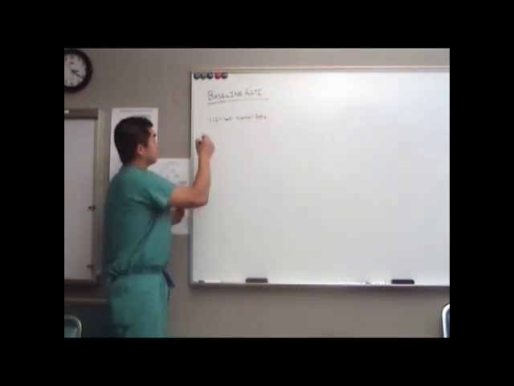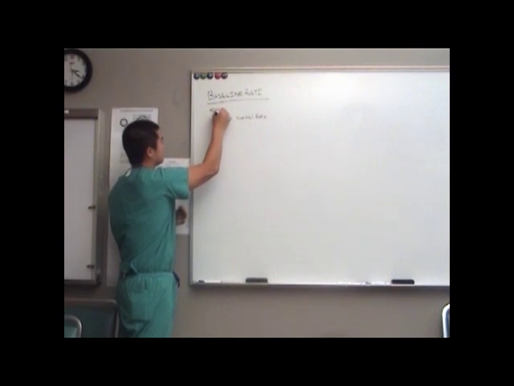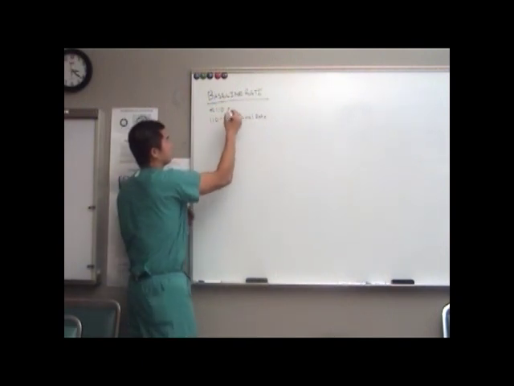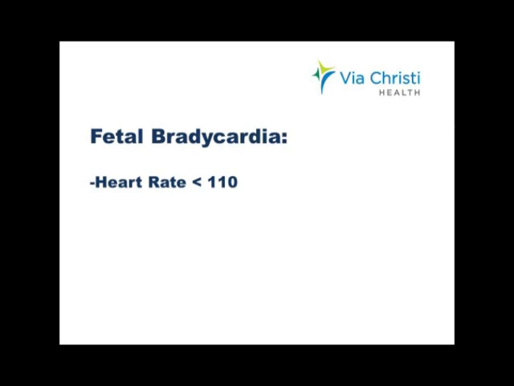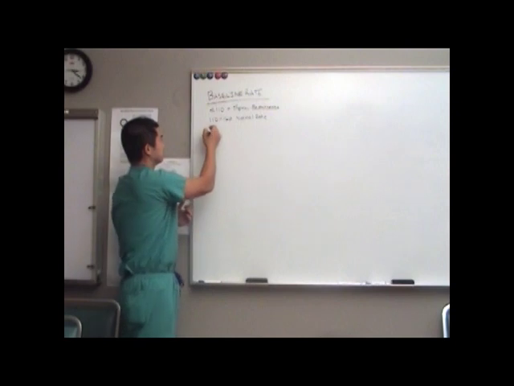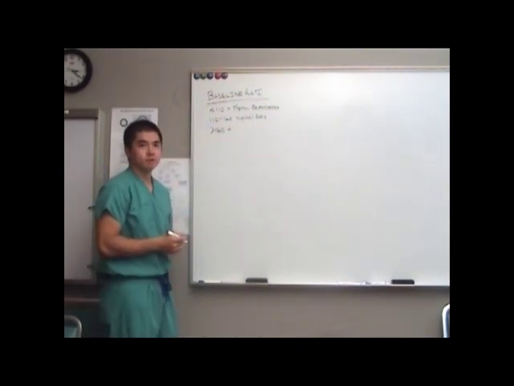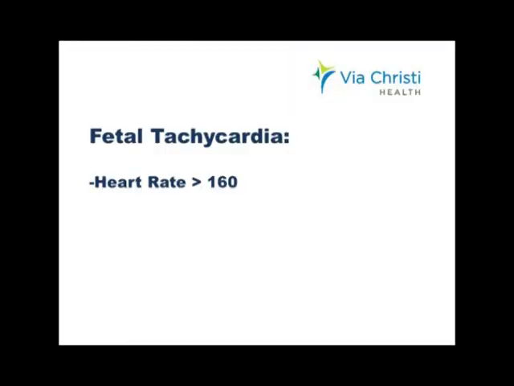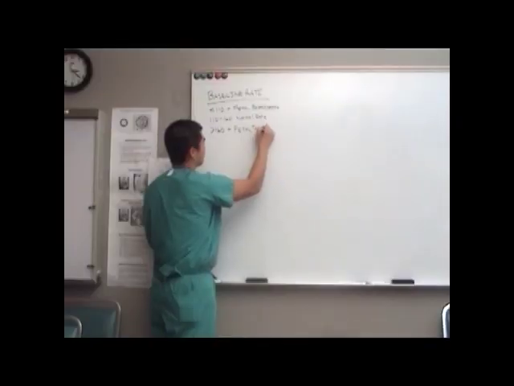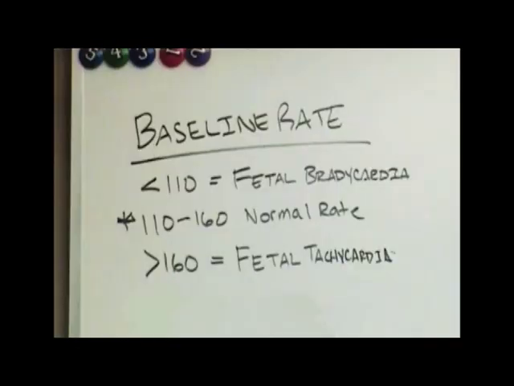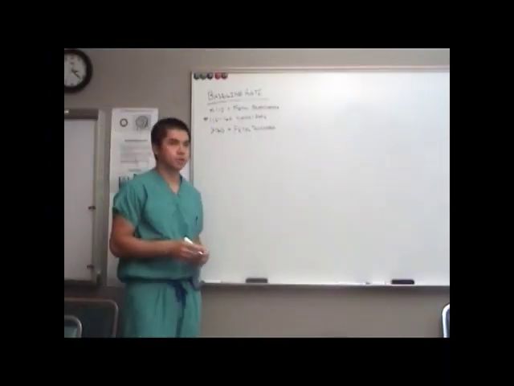If it's less than 110, what is it called? Correct, fetal bradycardia. And if it's greater than 160, what is that called? Correct, fetal tachycardia. So the only one that we like is a normal rate, 110 to 160.